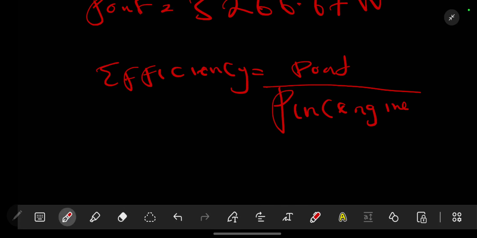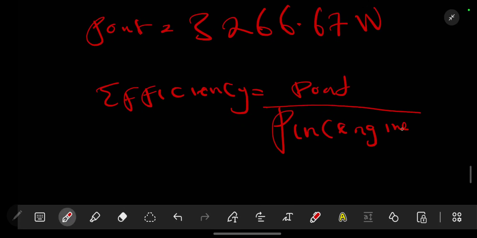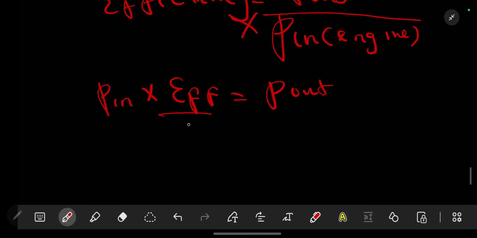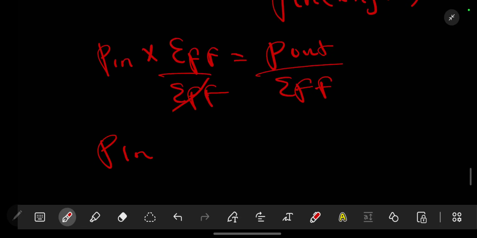So with this, to find the power input, we are going to cross multiply. So power input by the efficiency should be equal to power output. We divide by the efficiency. Our power input will be equal to power output over the efficiency.